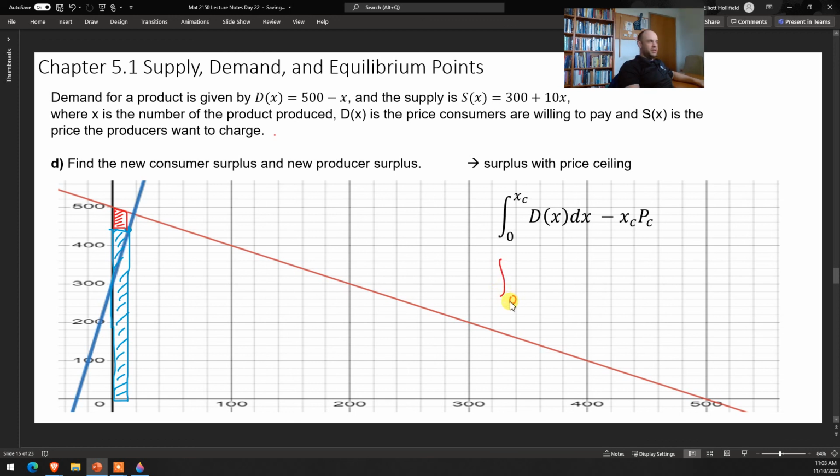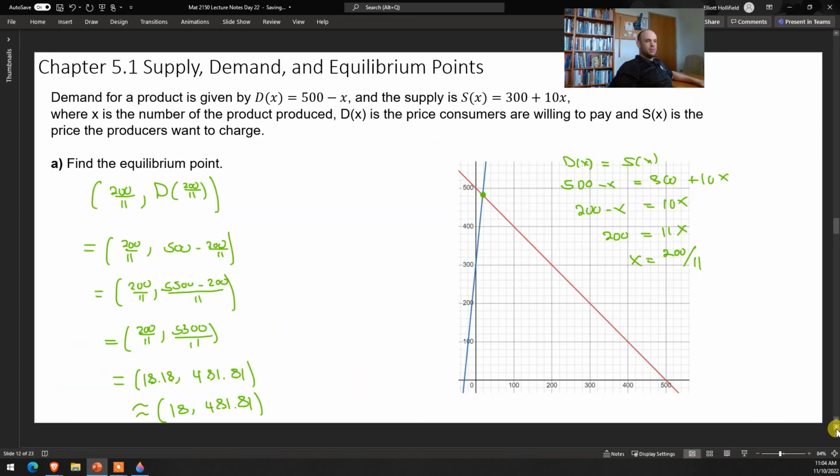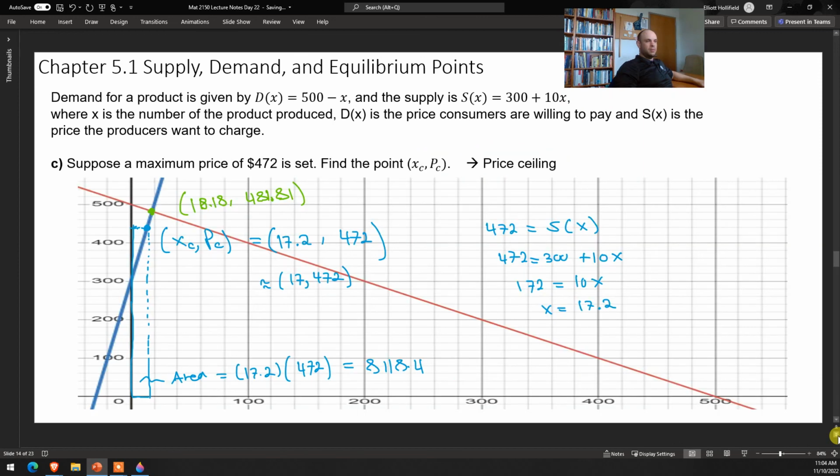Here we do the integration from 0 to 17.2 of 500 minus x dx, and we subtract $8118.4.